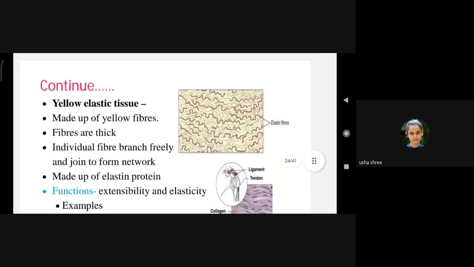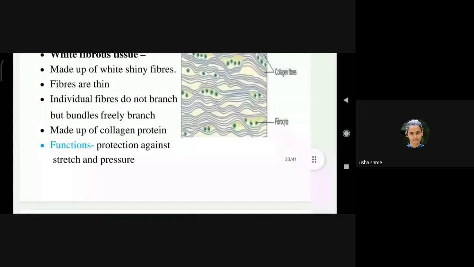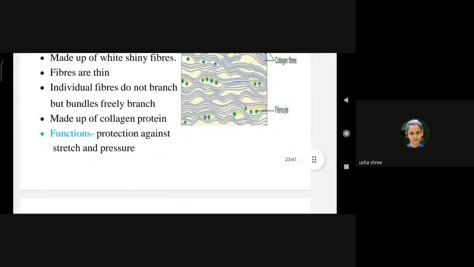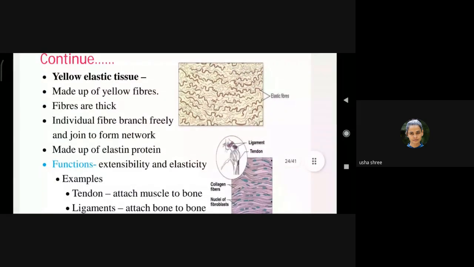Next is yellow elastic tissue, made up of yellow fibers. Fibers are thick, whereas white fibers are thin. Individual fibers branch freely and join to form a network, made up of elastic protein.